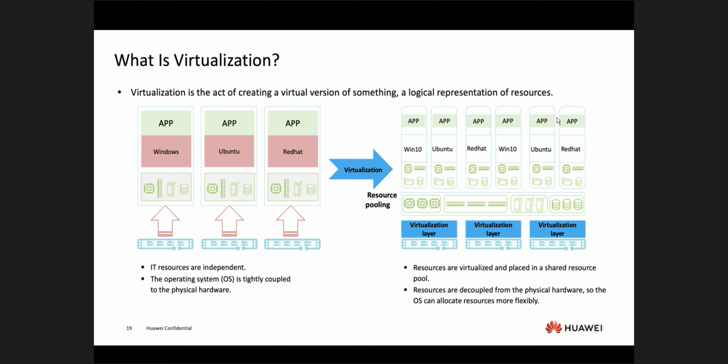Right, so let's look at virtualization. What is virtualization? Virtualization really is more or less taking the hardware that you have, the resources, and virtualizing it into a pool. What you see here is that you have three servers: server 1, server 2, and server 3, right? This is the old way.